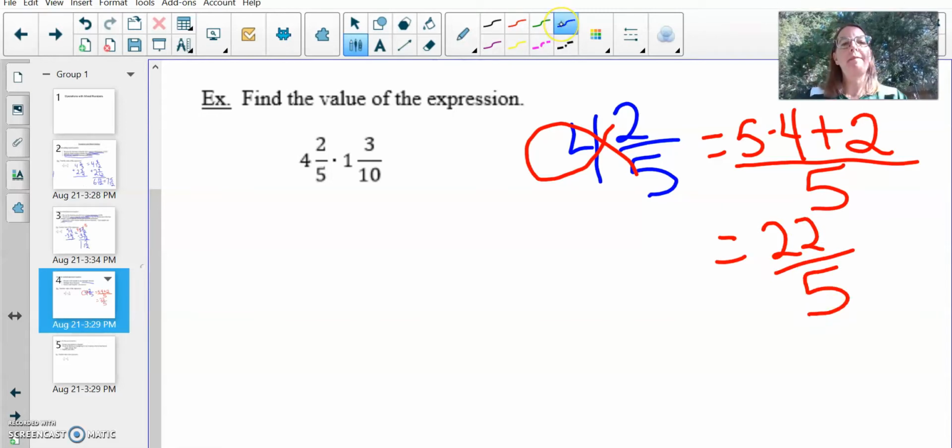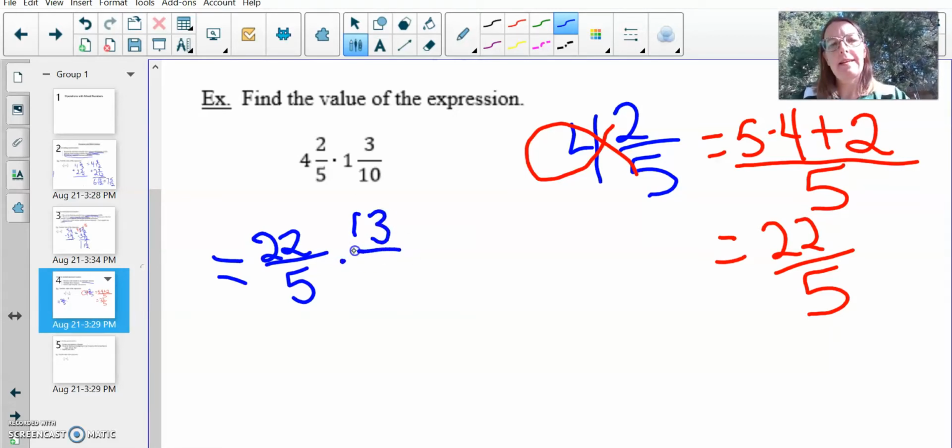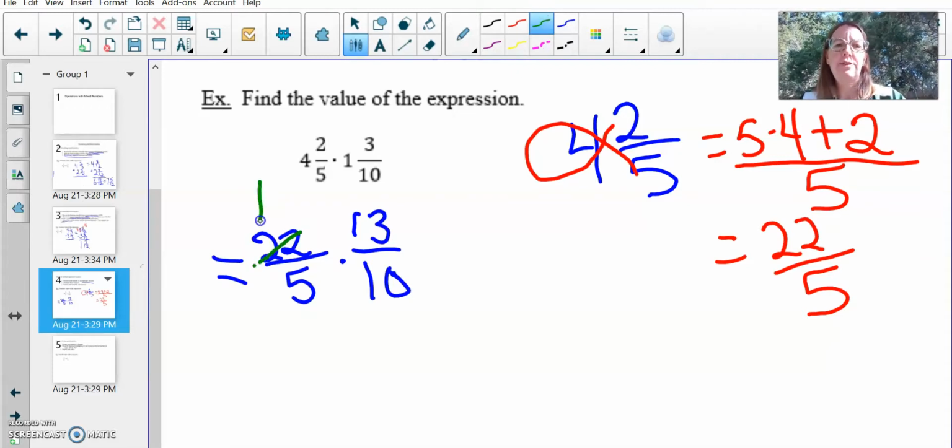So going back to my problem, I have 22/5 times, making 1 3/10 improper, 1 times 10 is 10, plus 3 is 13/10. Now I can go ahead and see if anything cross cancels here. In this case, both the 22 and the 10 can be divided by 2. So 22 becomes 11, 10 becomes a 5.